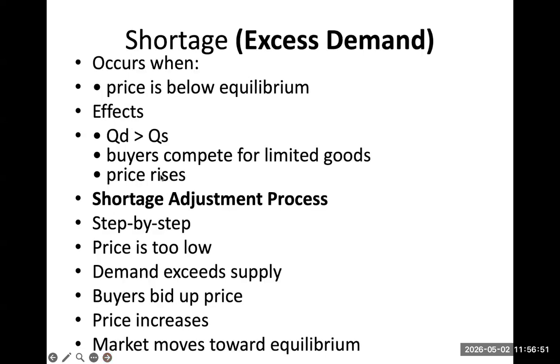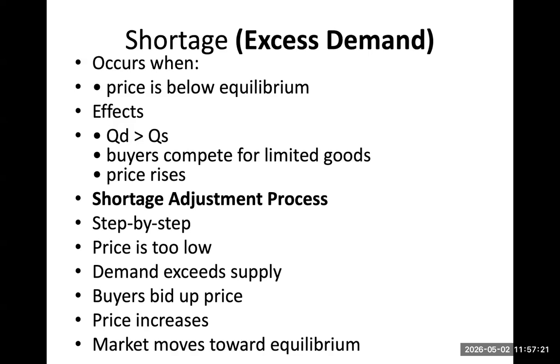When we talk about shortage, we are talking about excess demand. The shortage occurs when price is below the equilibrium price. Whenever the quantity demanded is greater than the quantity supplied, buyers compete for the limited goods.